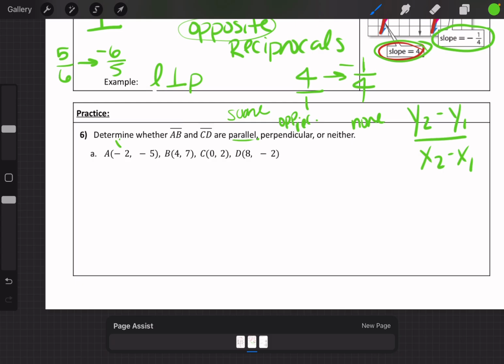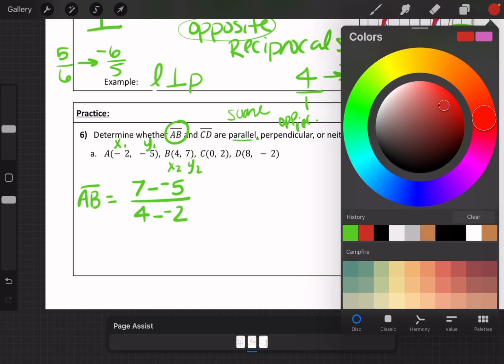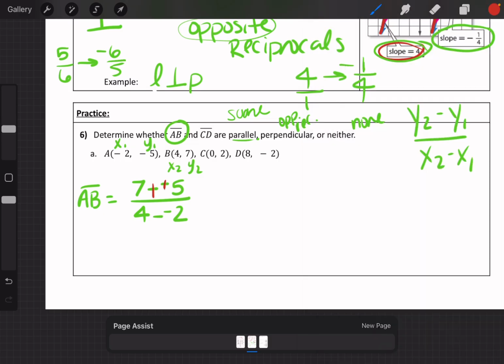So we got x1, y1, x2, y2, because AB is one of my lines. So we got y2 minus y1, be careful with your minusing negatives, over x2 minus x1. Again, be careful with the negatives. I'm going to crunch. So I get 12 on the top and I get 6 on the bottom.